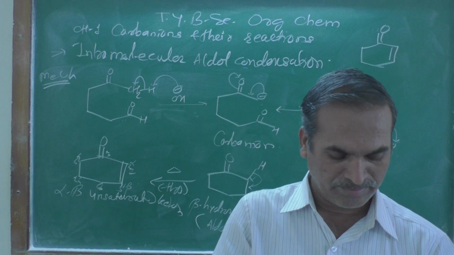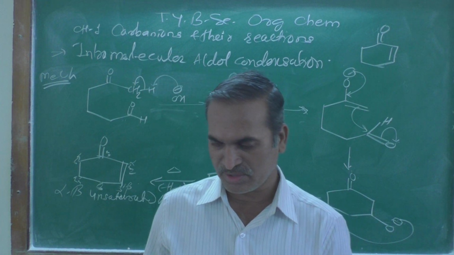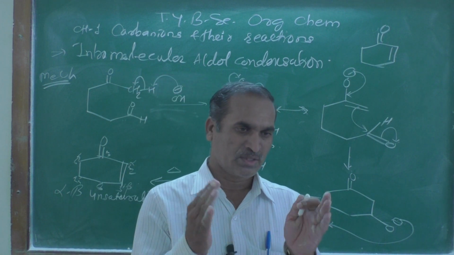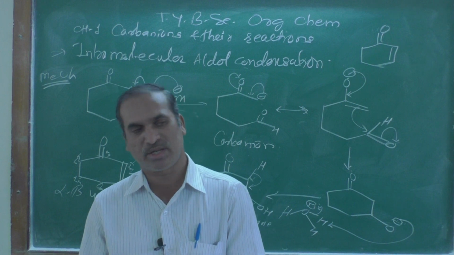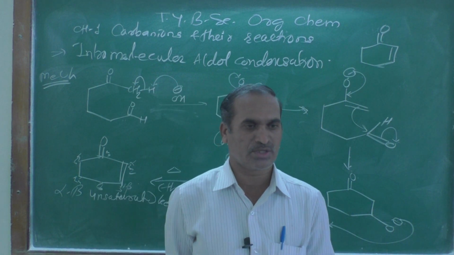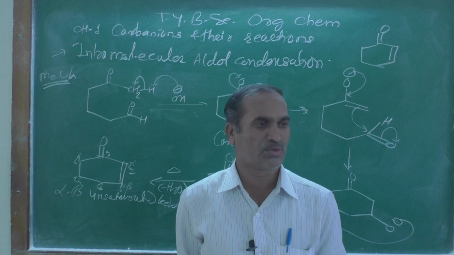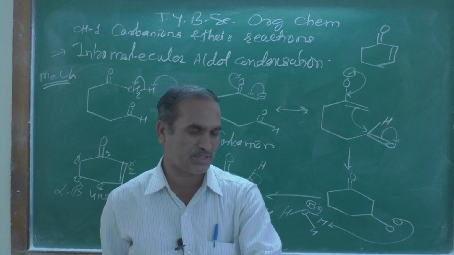So in this way we have seen how the aldol condensation reaction takes place. I think we have learned all about the aldol condensation reaction. Aldol condensation reaction is a nucleophilic addition reaction, right?